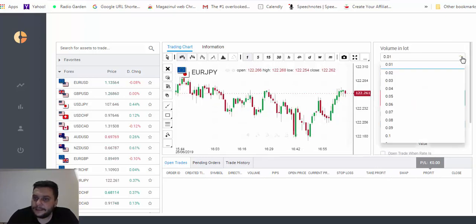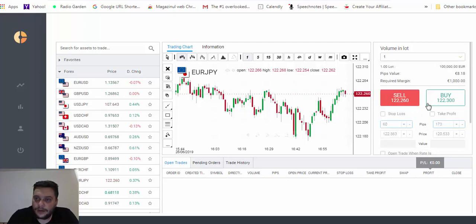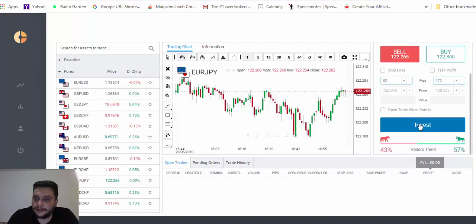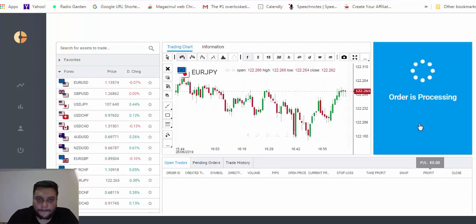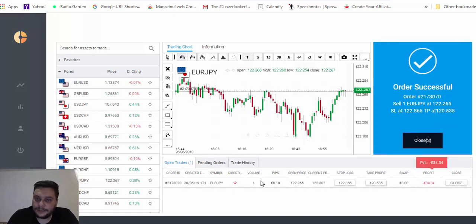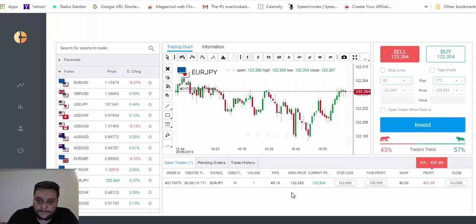Let's set here the lot volume, set it to 1 and invest. Order successfully placed. It's a sell, as you can see here, direction.